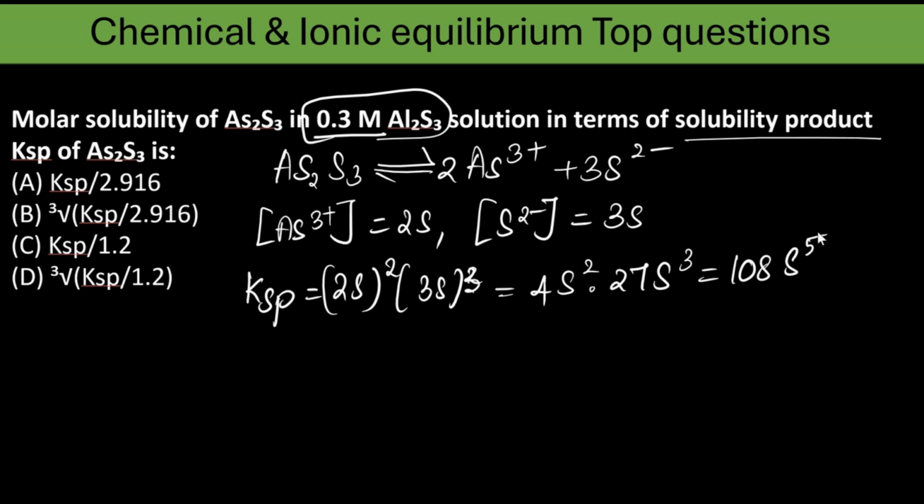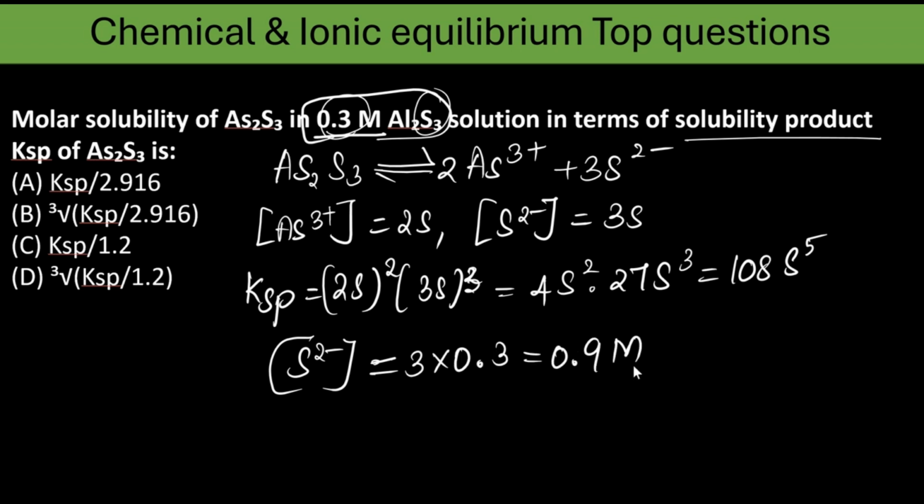So now we have to find the sulfide concentration, which is common for both. From aluminum sulfide, we know that it is 0.3 molar concentration. So S2- will be 3 into 0.3 molar, right? Which will be 0.9 molar. Now substitute it in the equation.